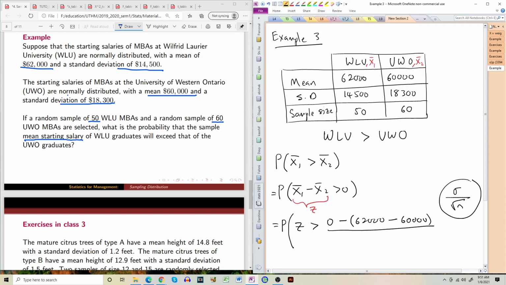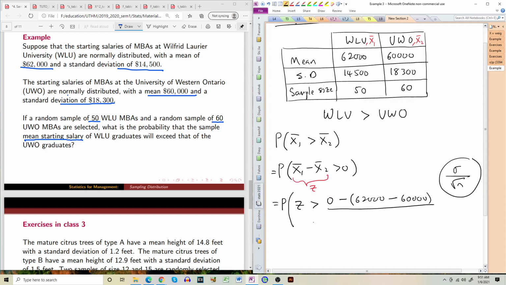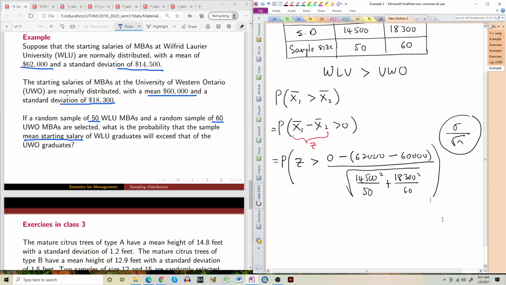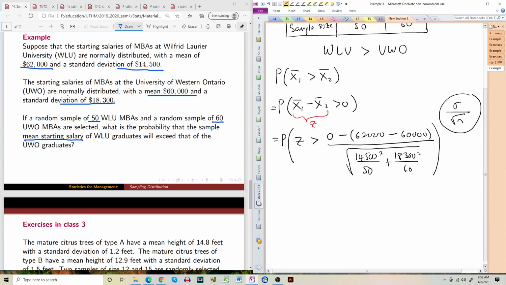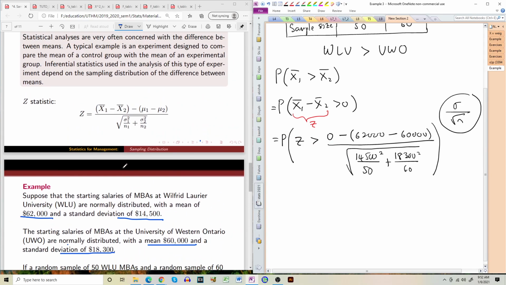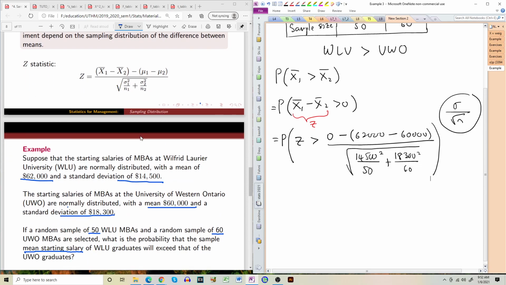This is the single sample. For two samples, you do the same thing, but like this. The standard deviation for the first one over its sample size 50, plus the second over 60. There's a square there, remember. Now you can compare this with the formula here. Okay.